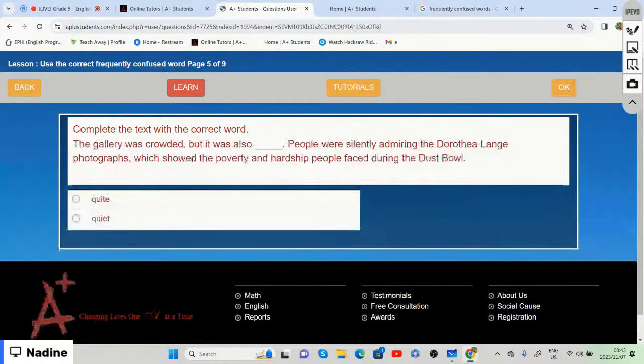So the gallery was crowded, but it was also, do we say quite or do we say quiet? People were silently admiring the Dorothea Lange photographs, which showed the poverty and hardship people faced during the Dust Bowl. So is it quite or quiet?